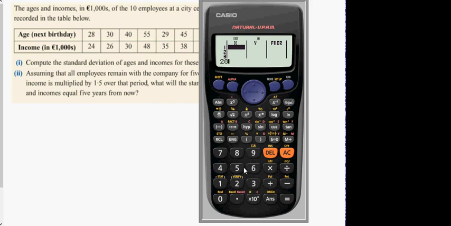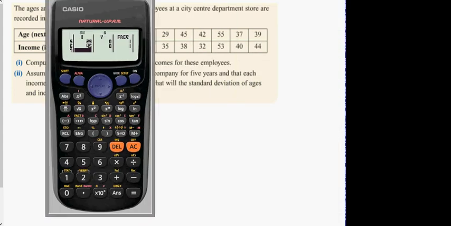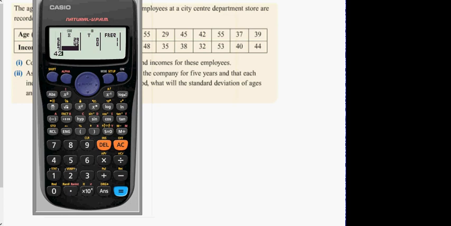Okay, so we can do, look, 28, 30, 40, 55, 29, 45, and what happens after 45? 42, 55, 37, 39. Okay, over the other side, can you call them out for me as well, please? The other variable, income.